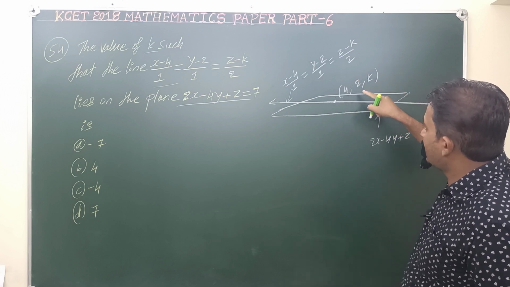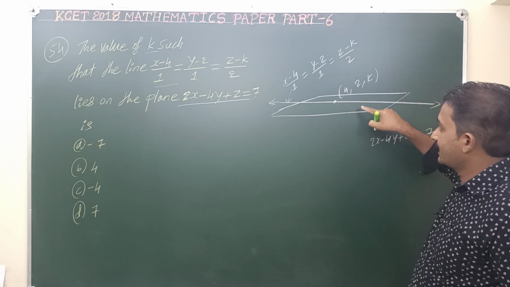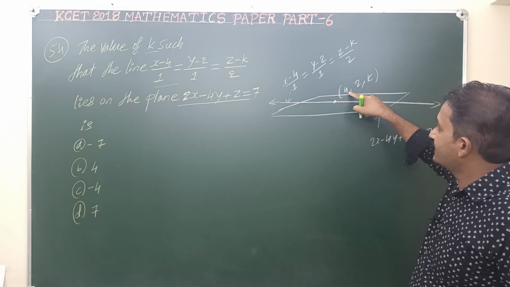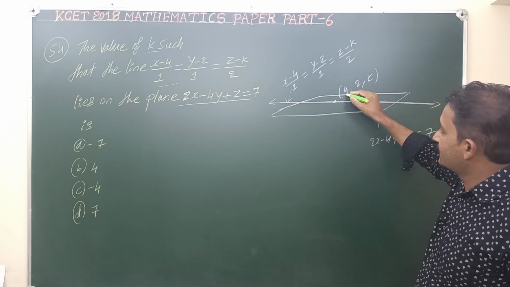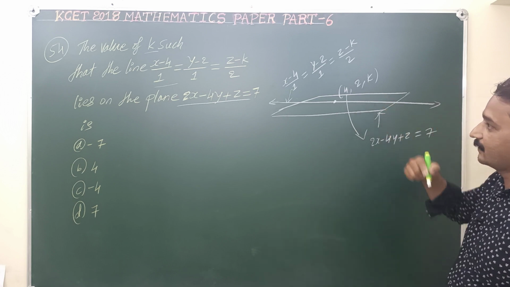If the point (4, 2, k) lies on this line, and the line lies on this plane, then this point lies on this plane. So this satisfies the plane equation, and we get the answer for k.